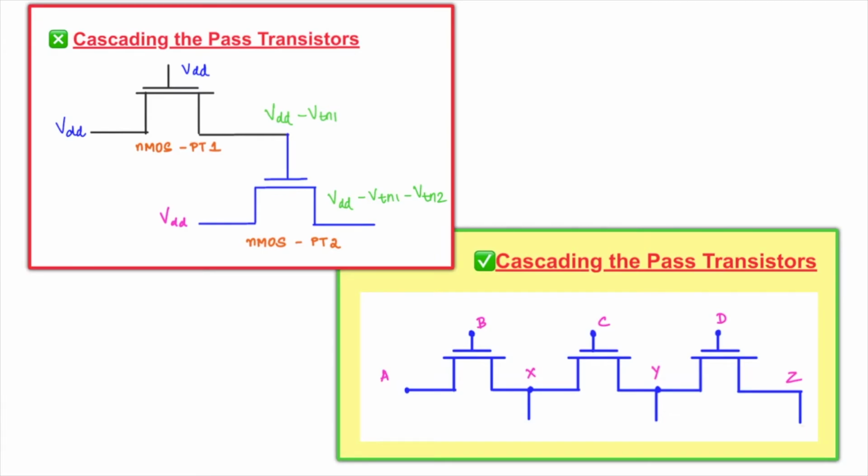In the correct approach the gate voltages are fixed, so there is no drop, but here the gate voltage keeps dropping. Since the gate voltage is dropping, the output voltage will also drop when we cascade more pass transistors.